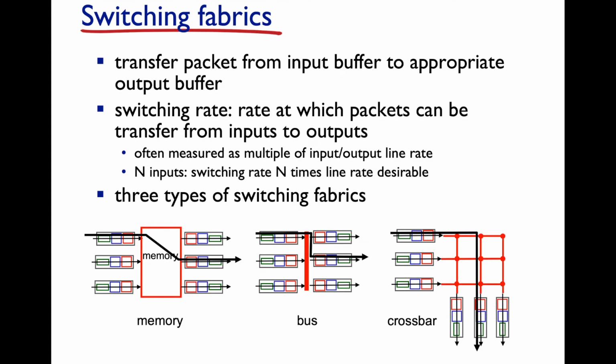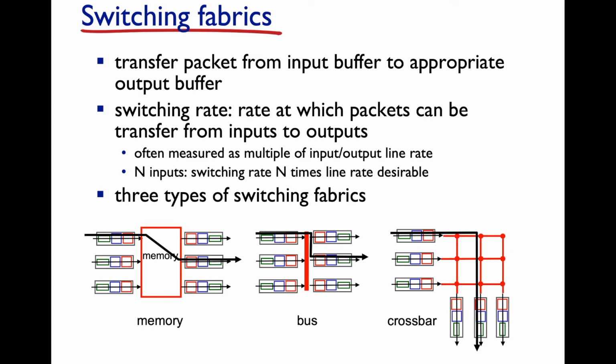So the switching fabric is responsible for getting a datagram from an input port's queue to an output port's queue. And it's responsible for transferring a packet from the input buffer to the appropriate output buffer.